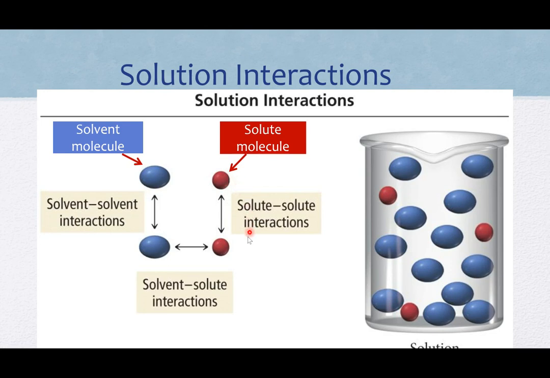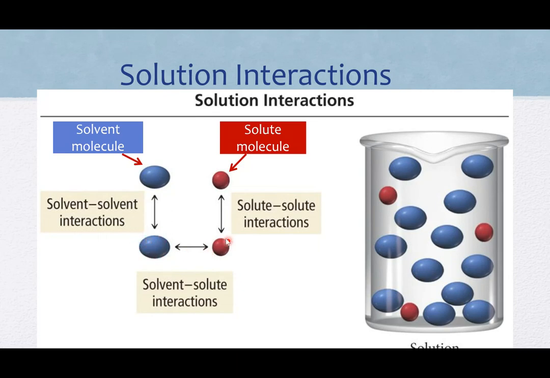Then we have to think about the solute molecules. So solute is attracted to solute in some form or fashion. If we're talking about salt in this case, salt is attracted to itself via ionic bonding, right? Positively charged sodium attracted to negatively charged chlorine. So the solute-solute interaction here would be an ionic bond that we would have to get rid of. Then we have the solvent-solute interaction.